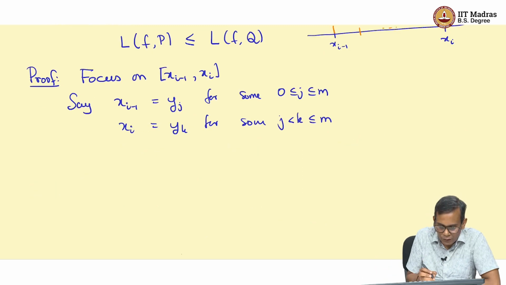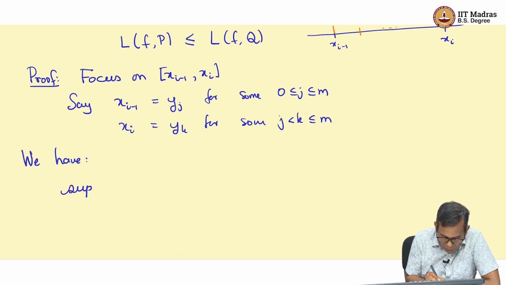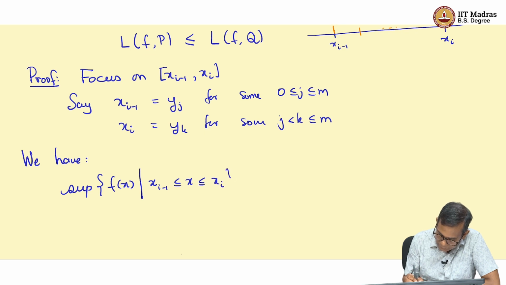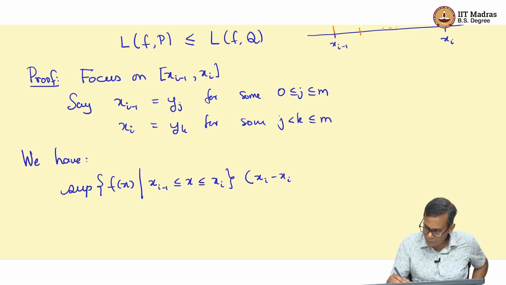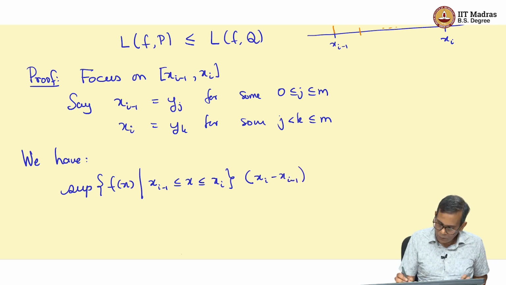So the contribution of the interval x_{i-1} to x_i is the supremum of f(x), where x lies between x_{i-1} and x_i, times (x_i minus x_{i-1}). Now I can write this x_i minus x_{i-1} as a telescoping sum.